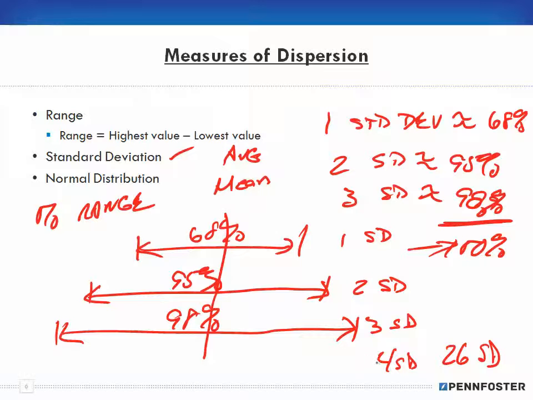We can talk in terms of 4, 5, 6, 7, 26 standard deviations, but just realize that these are numbers that are coming extremely close to 100%. We're talking thousandths of a percent close to 100%. And for most of everything within our realm of consciousness, from a normal perspective, everything falls within 3 standard deviations.